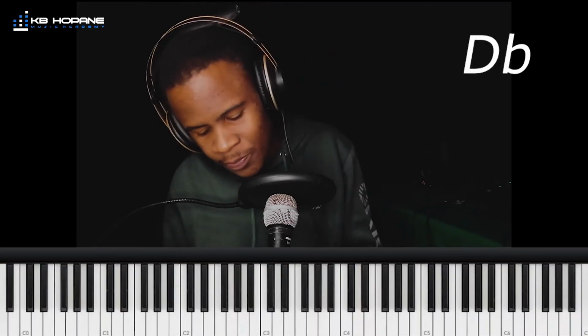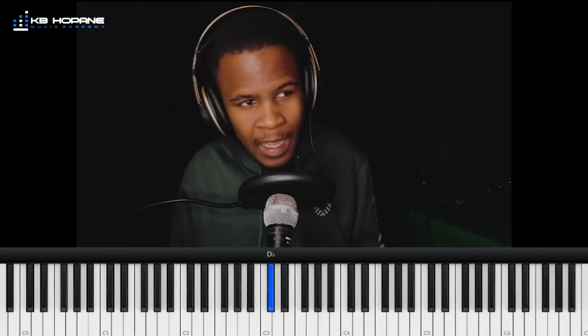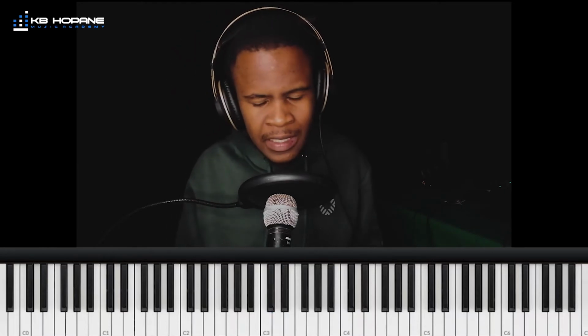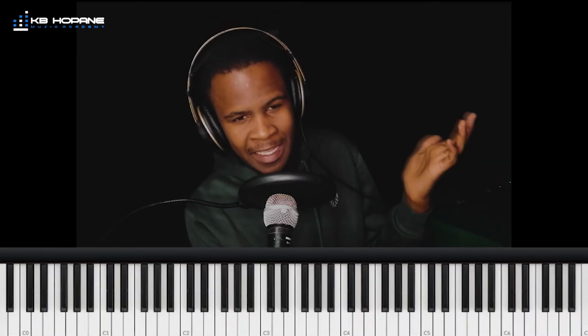This note is a D, and D flat means that it's lower than the note D. So if I go from D to the note below it, I'm hitting a D flat. You can tell that it's the same note, but in the first example it sounded higher than the other one, and now it sounds lower, but it's the same note.